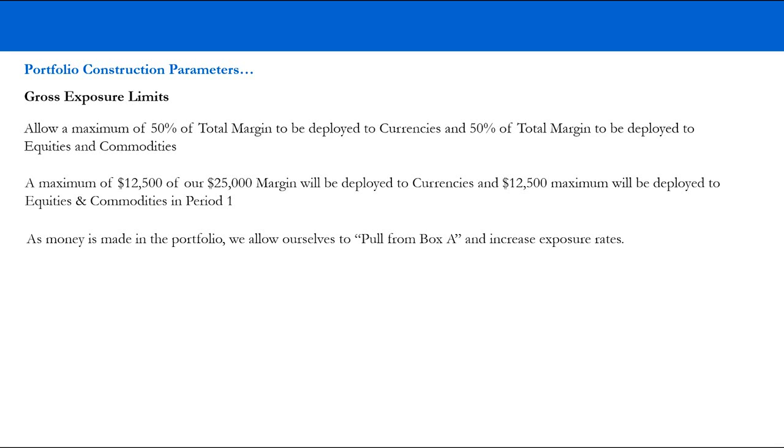And our net exposure to equities, commodities, or a mix of the two is $62,500. And our net exposure to currencies is going to be $62,500 as well. So we're splitting our net exposure here 50% towards each asset class.